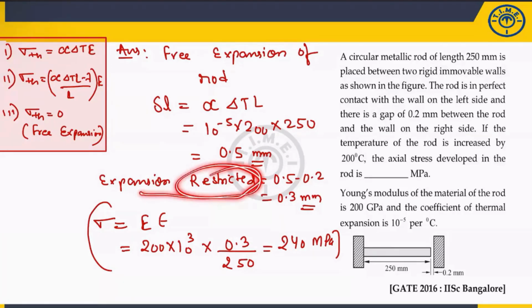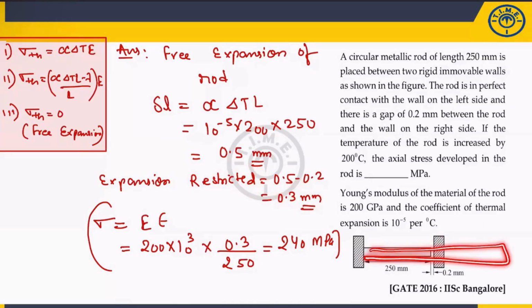But what is the beauty of this question? The expansion which is restricted, 0.3 mm, is why the thermal stress is developing. For example, if you are allowing free expansion, the stress value will be 0. But you are only allowing 0.2 mm expansion. That means 0.2 expansion is allowed. How much expansion is restricted? 0.3. So it will touch here, then a reaction will come.